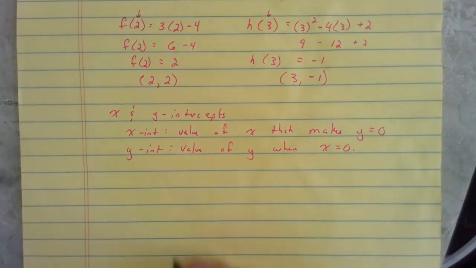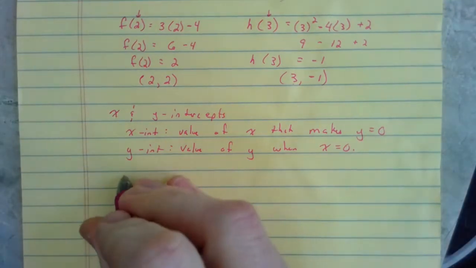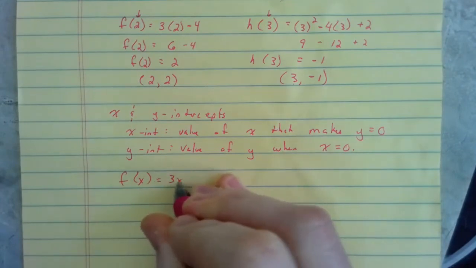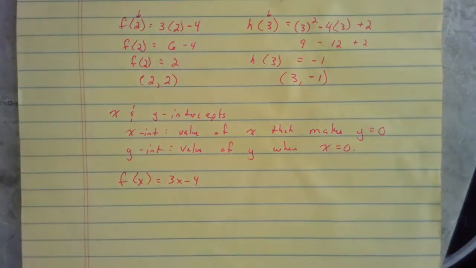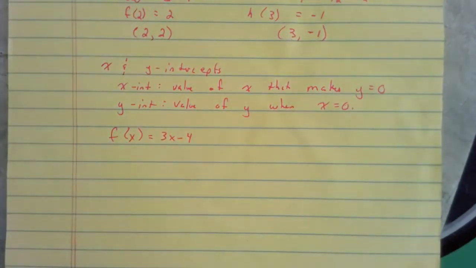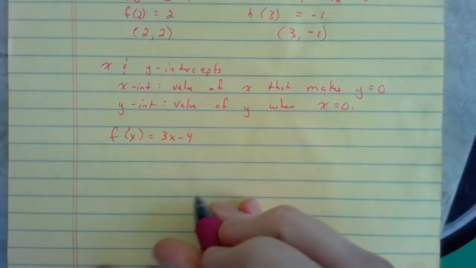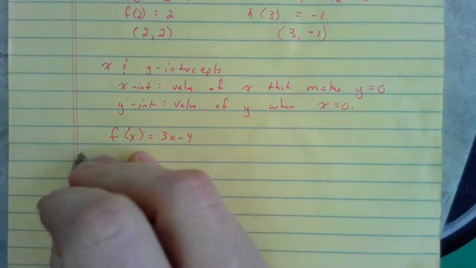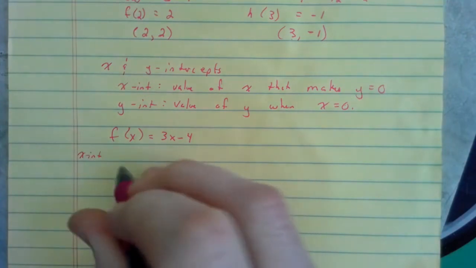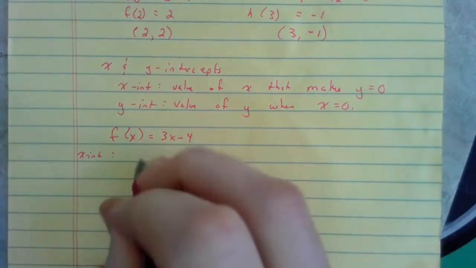So again, if we go back to our first function, f of x is defined as 3x minus 4, I can take a look and say, what are the x and y intercepts for this? Let's find the x-intercept to start. Remember, that is going to be an ordered pair.